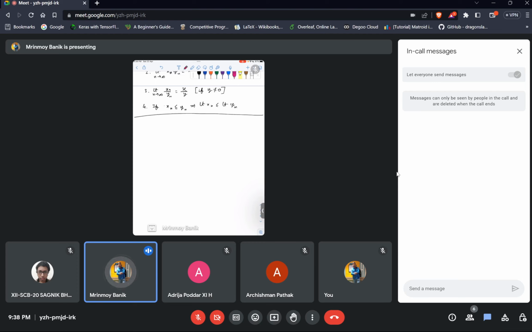So problem number 3. Xn is 3n squared plus 5n plus 4 by 2 plus n squared. So find the limit.